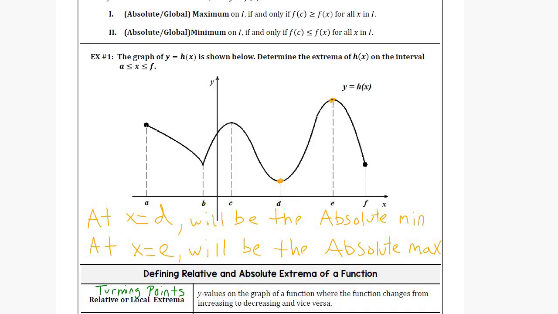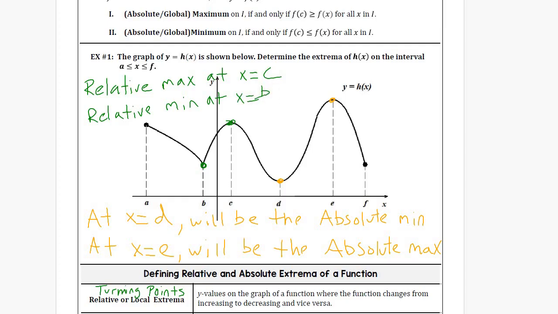Looking at our graph, we have a few more. Notice that we will also have a relative max at x equals c and a relative min at x equals b.